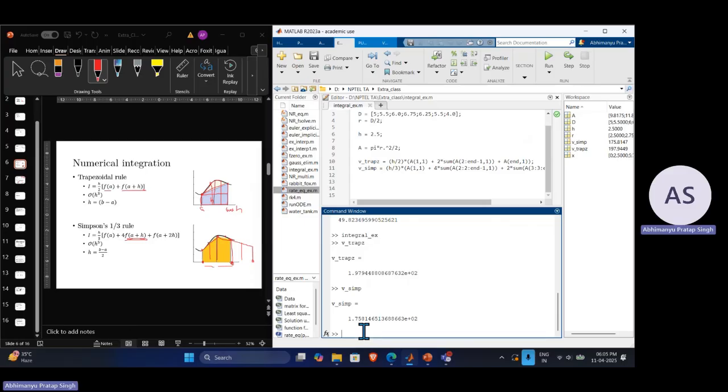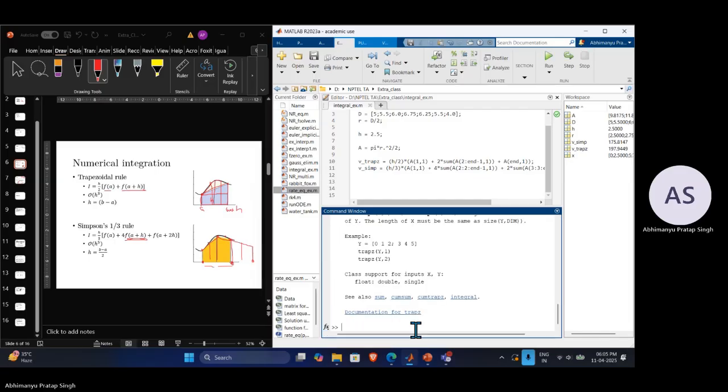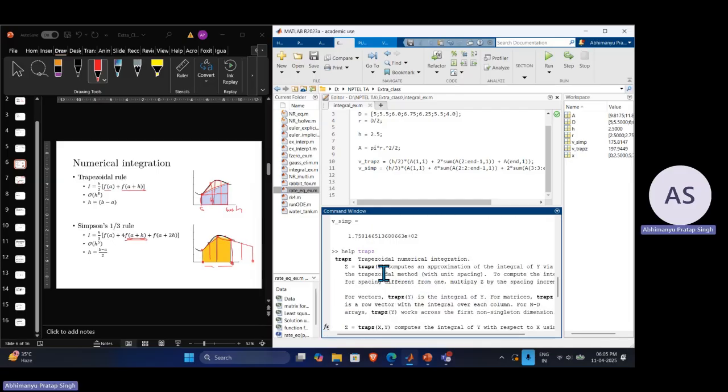We have the inbuilt trapezoidal function also. So let's just check that. We just need to pass on all the y values and it will calculate and give us the area.